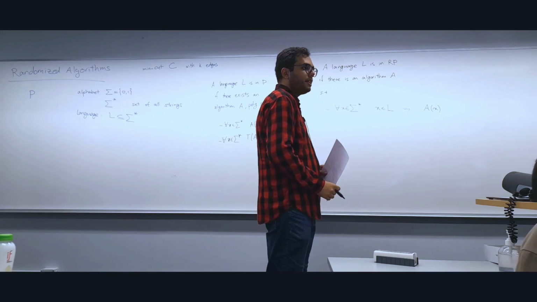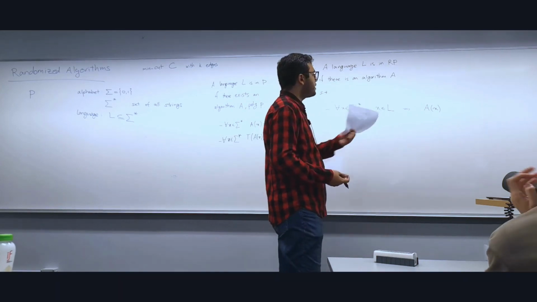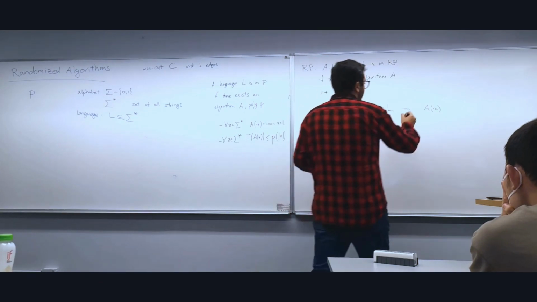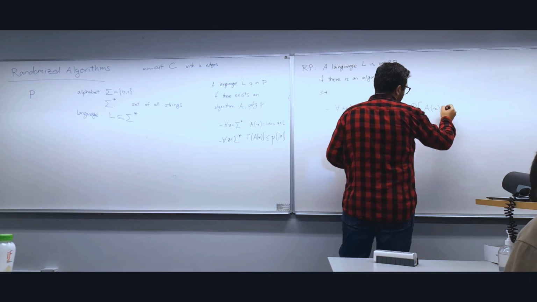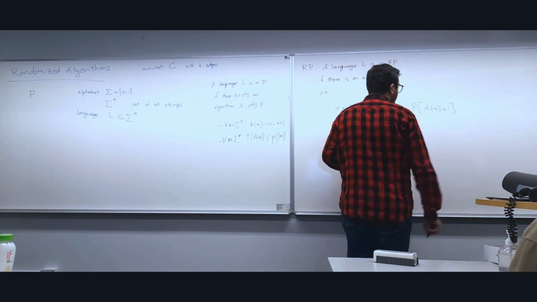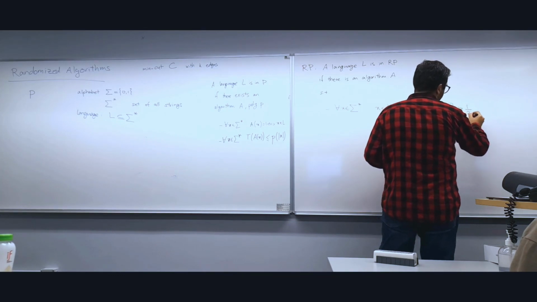It will tell me that with a good probability, yes, X is in the language L. So I will have that the probability of this thing being 1, I want to say it's at least a half.